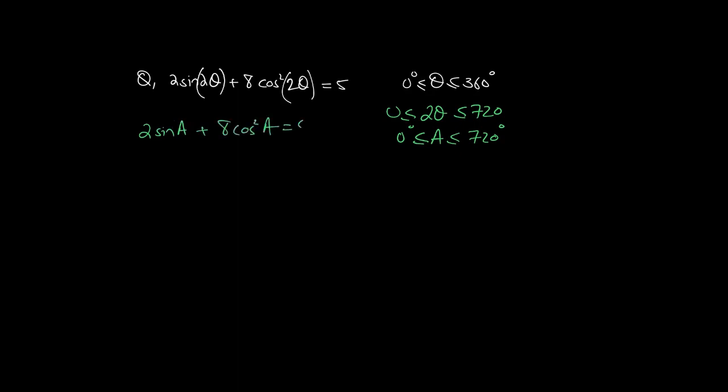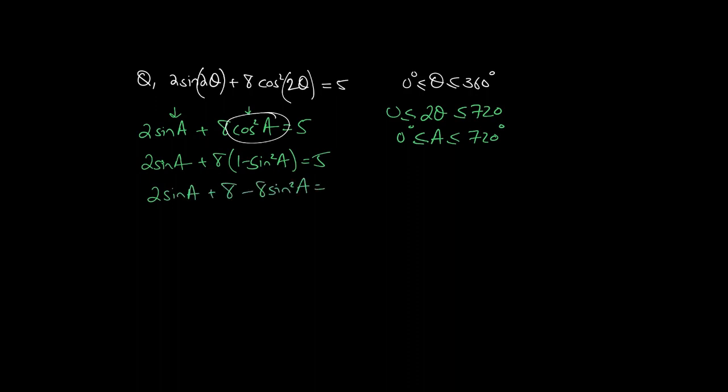Again, two different trigonometric equations, which among them could you replace? Yes, you could replace cos square. So 2 sine A plus 8 times 1 minus sine square A equals 5. 2 sine A plus 8 minus 8 sine square A equals 5.